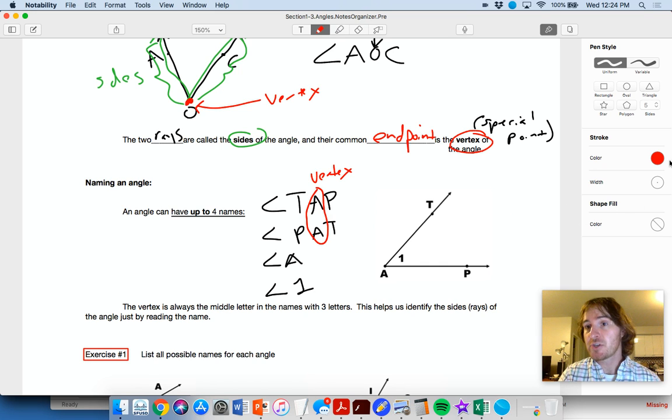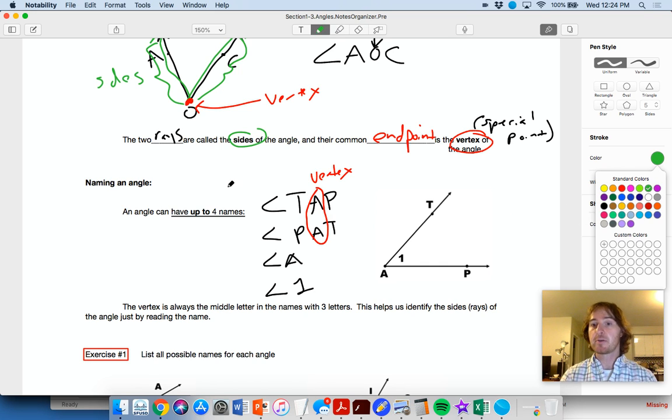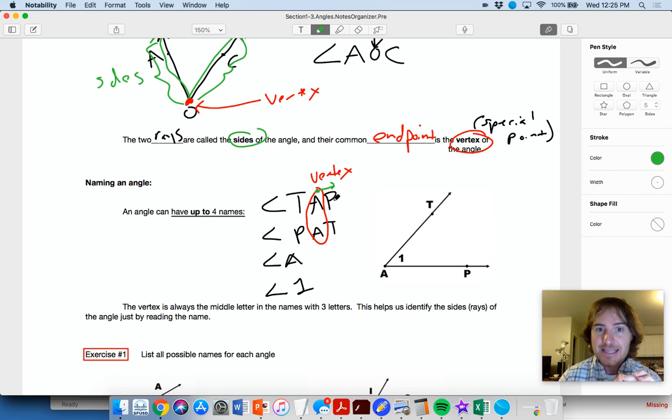By looking at a name, you're able to determine some other things too. Remember, the vertex is the common endpoint of a ray. So we see one of the rays here is ray AP. If I knew that I had an angle TAP, I would know that one of the sides of the angle would have to be ray AP, because look at this. This is why the vertex is important to be in the middle, also for classifying it, but also we get some information from it.